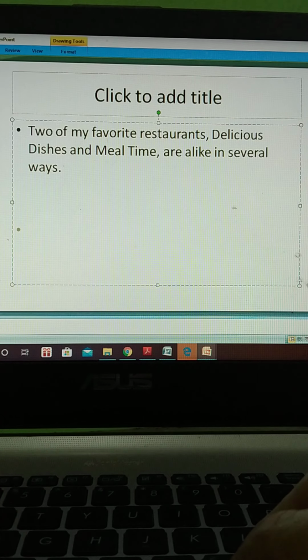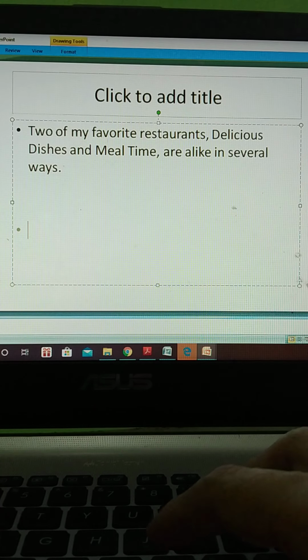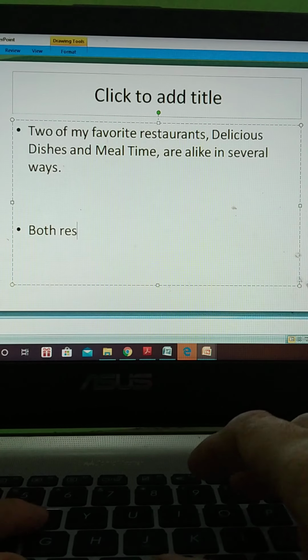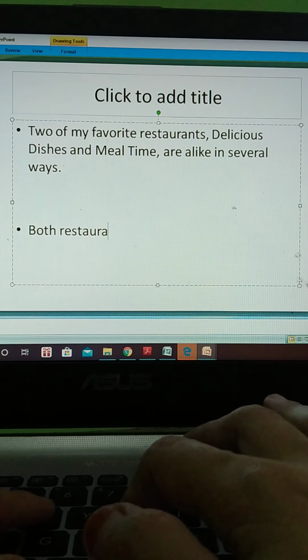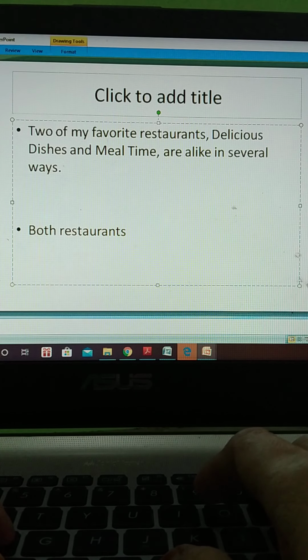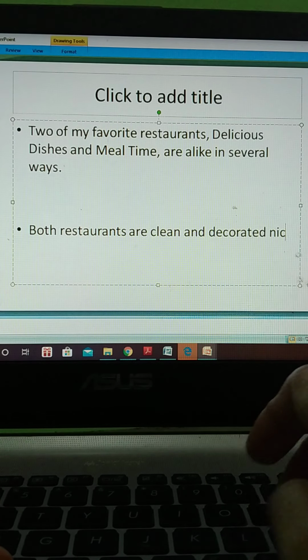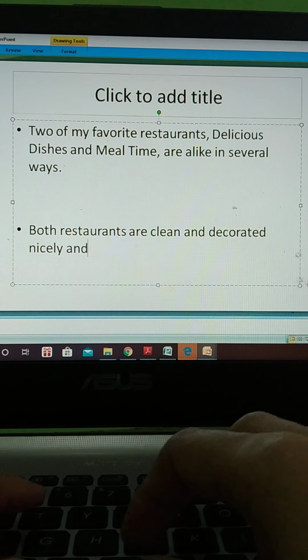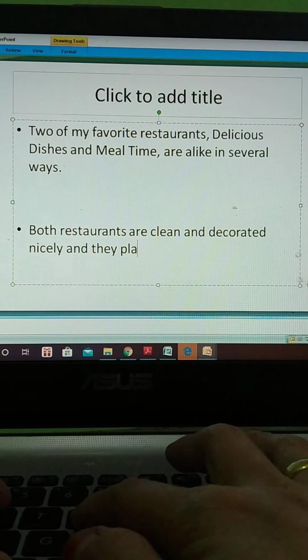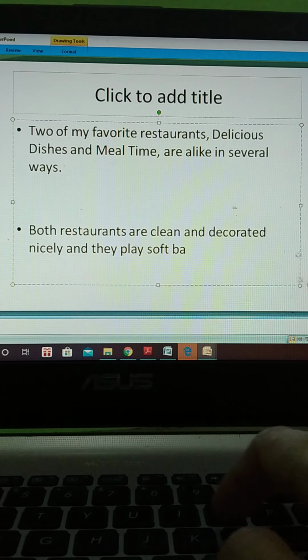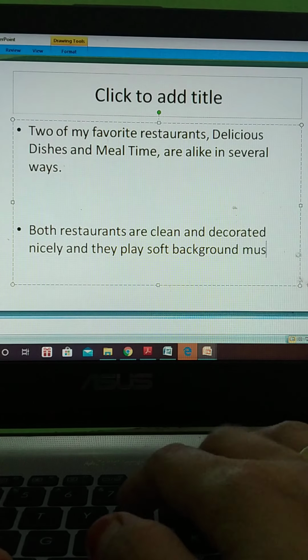As you can see also in that paragraph on the same page, the final sentence you could write like this: both restaurants are clean and decorated nicely, and they play a soft background music.